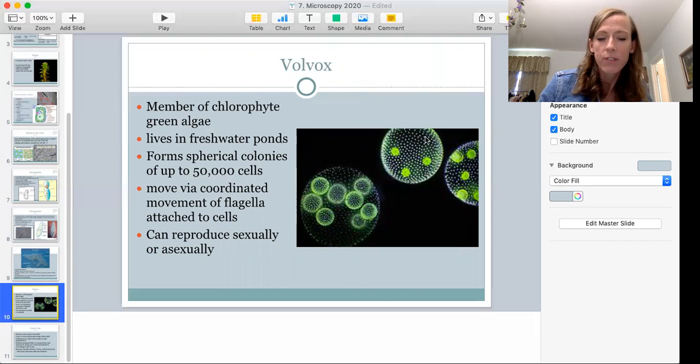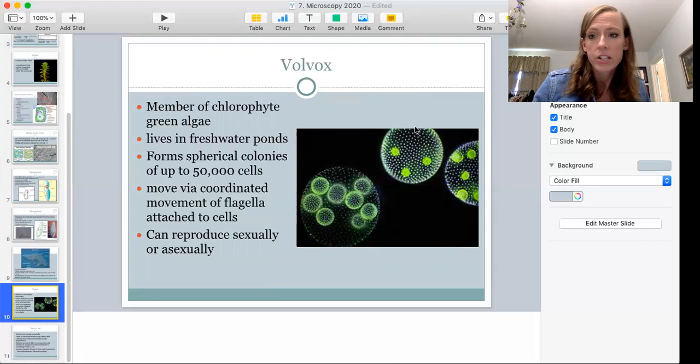There can be up to 50,000 cells that make up this ball, and they work together in a coordinated fashion to move and eat and reproduce.